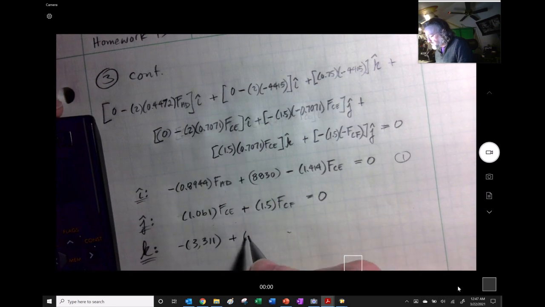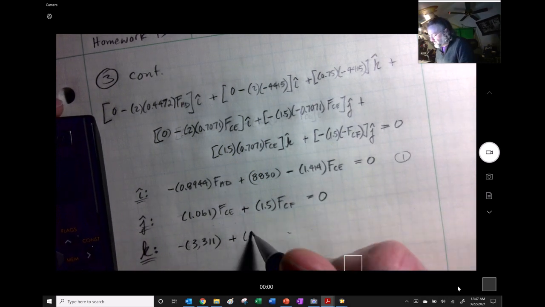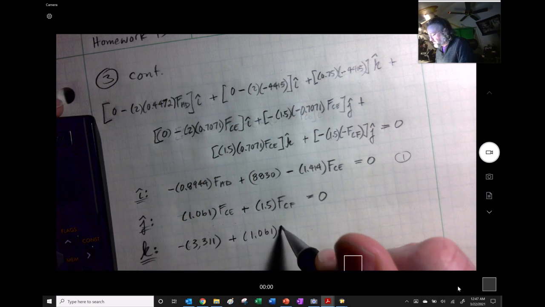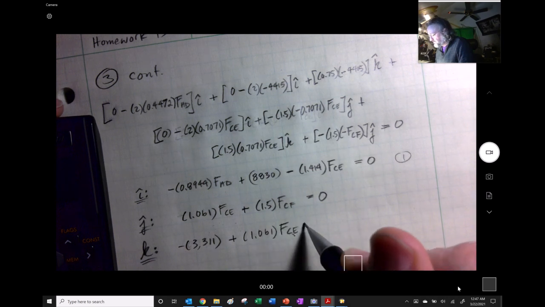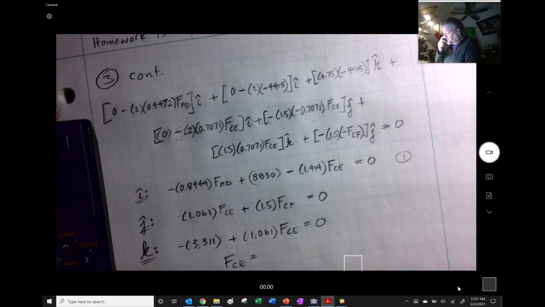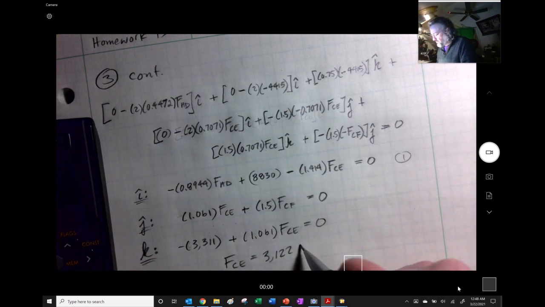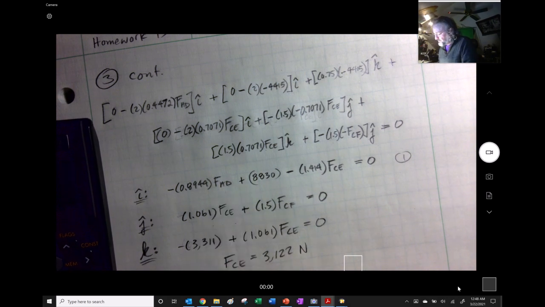So plus 1.5 times 0.7071, boom, 1.061 FCE. We can find FCE. Therefore, we divide and get 3,122 newtons.